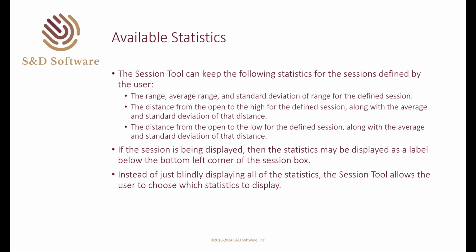Now, if you tell the tool to display weak statistics, it's going to display them just below the session box on the lower left side. The session box is the box that the tool draws around all of the candles that are considered to be part of the session.